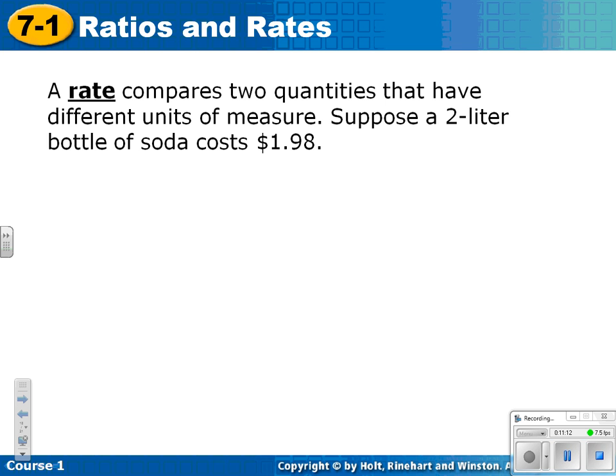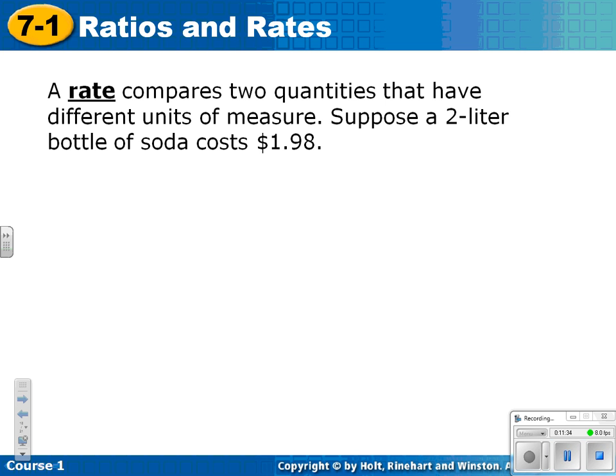We want to know a couple things. It says a rate compares two quantities that have different units of measure. Suppose a 2-liter bottle of soda costs $1.98. We want to find what the rate is, meaning we want to find out how much one of those things costs, 1 liter.